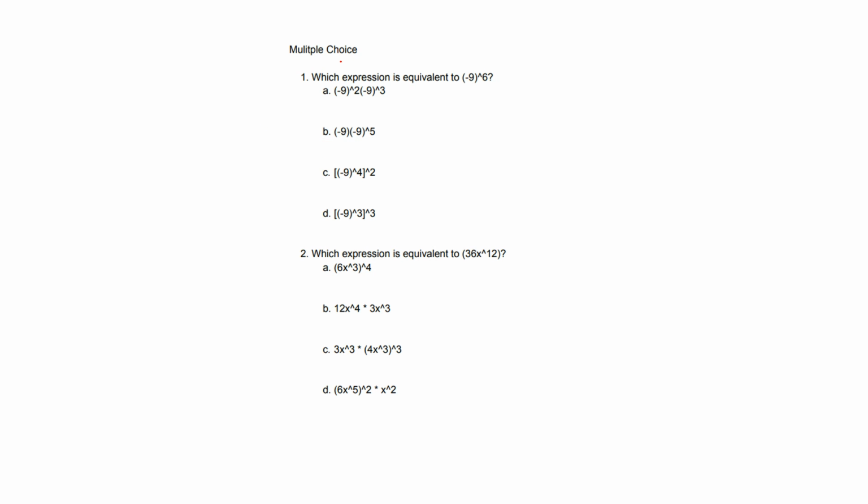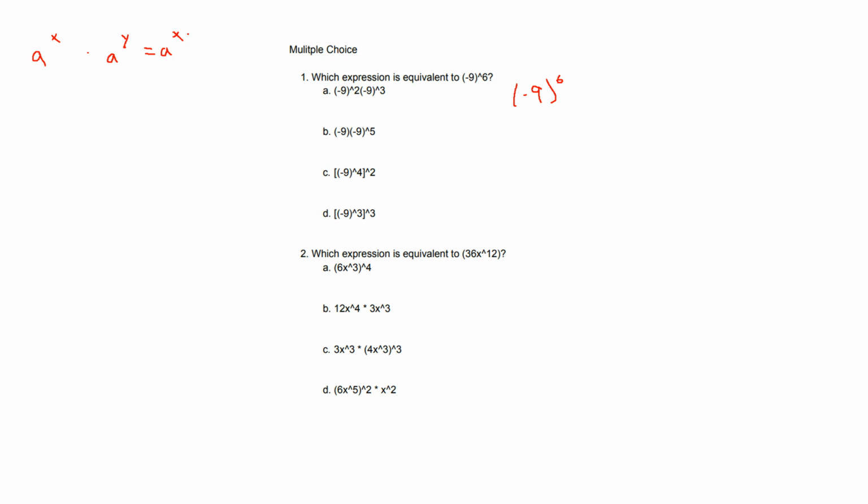Okay, so this next problem: which expression is equivalent to negative 9 to the power of 6? I'll write the rules again. So to do this problem, it's what we just did before, but in reverse.